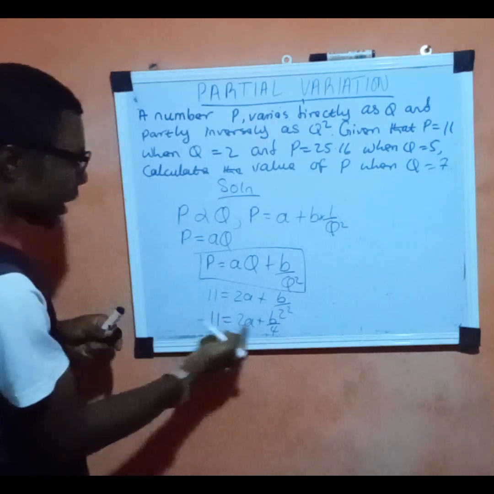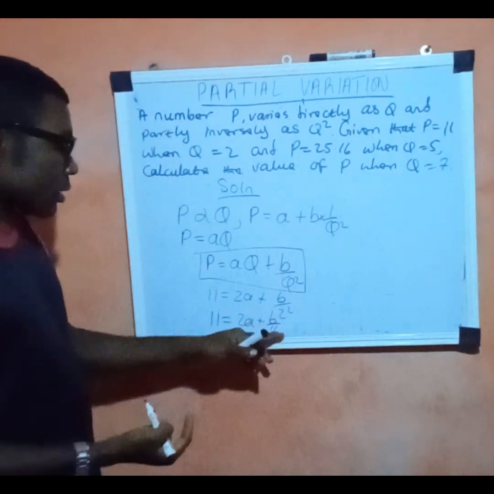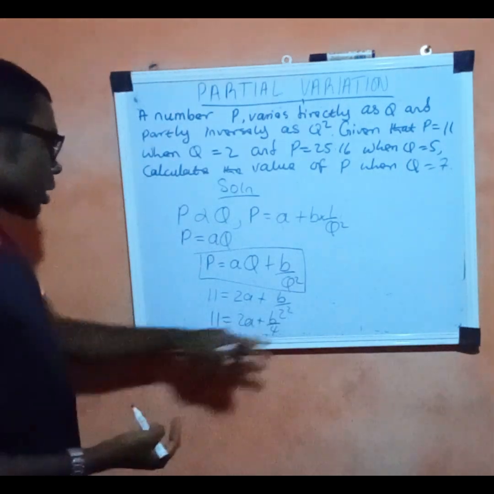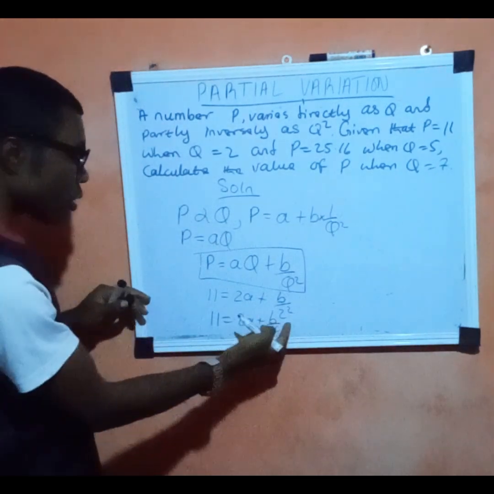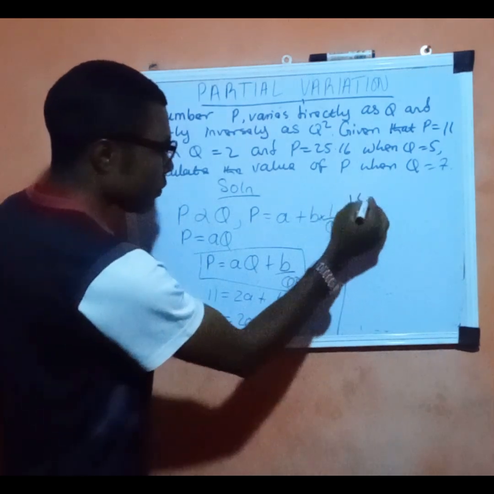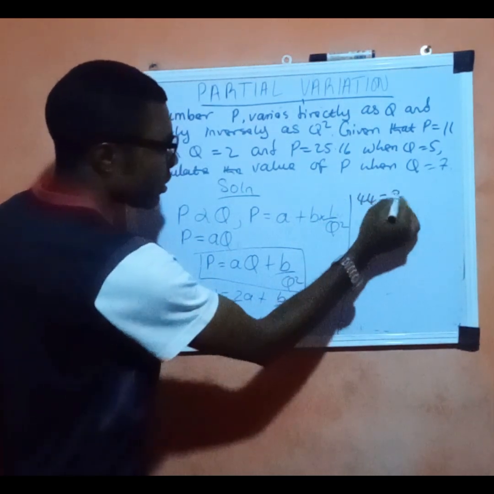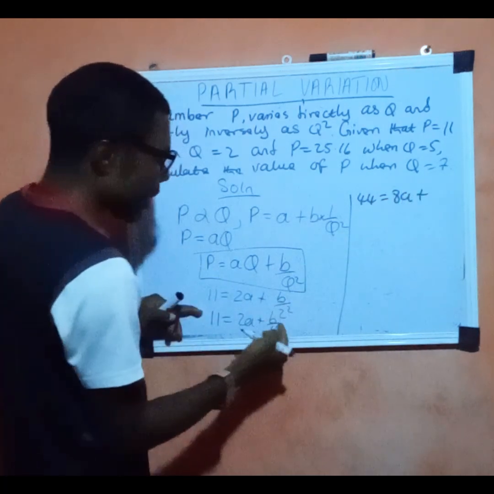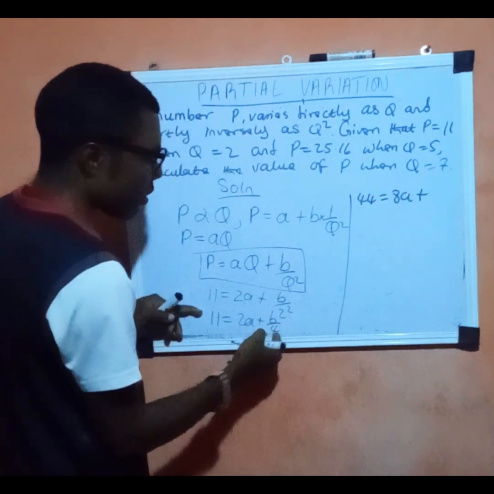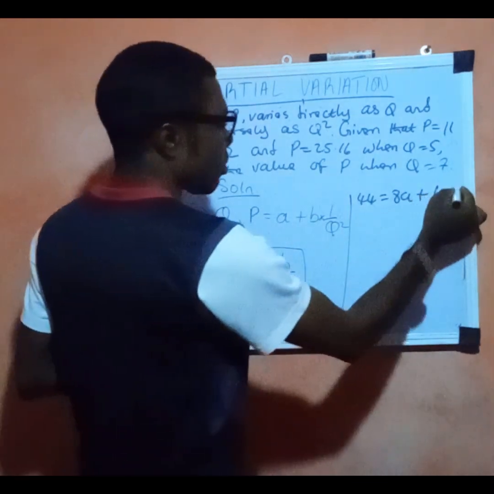Okay, we can make it linear by multiplying through, since we want to remove this fraction 4 so that it will have no fraction. So we multiply through by 4. Multiply 11 by 4, you will have 44 equals, multiply 2 by 4, you have 8A plus multiply B over 4 by 4, the 4 here will cancel that 4, we have B. So this is equation 1.